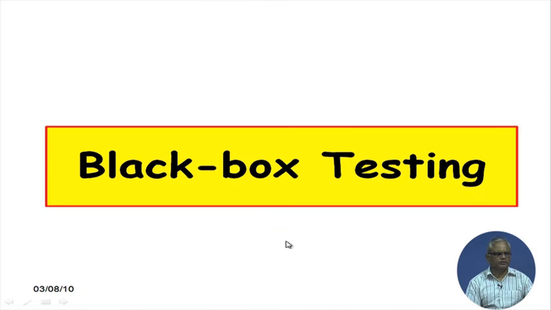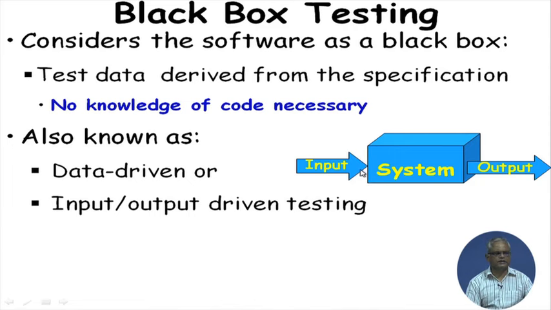Now, let us look at black box testing and how we design test cases, what are the different strategies available for designing black box test cases. In black box testing, we just look at the input output behavior.